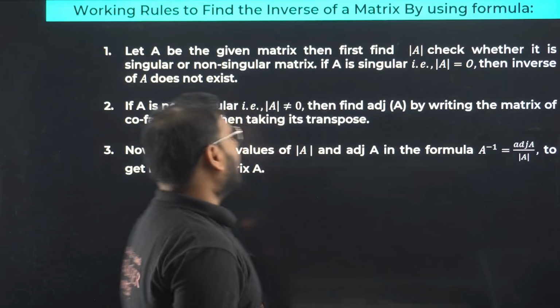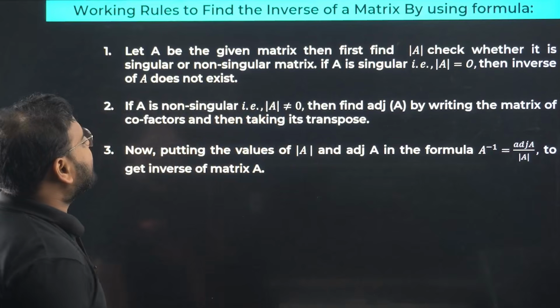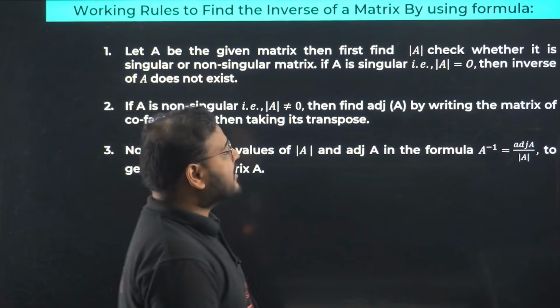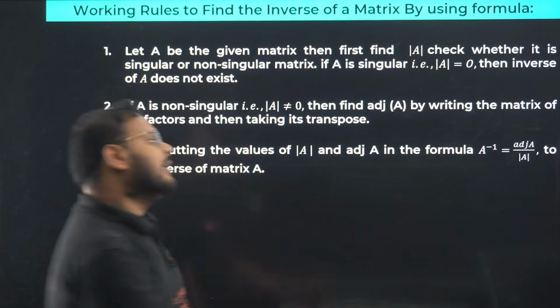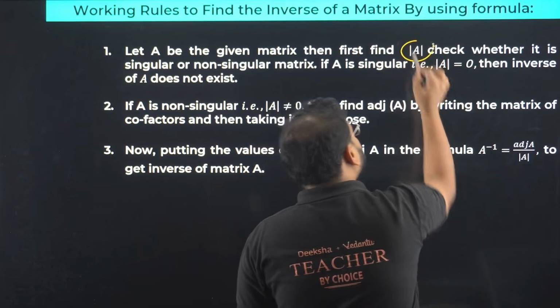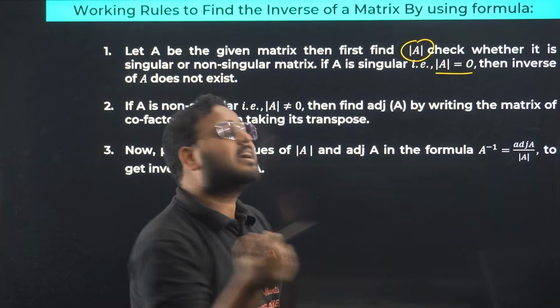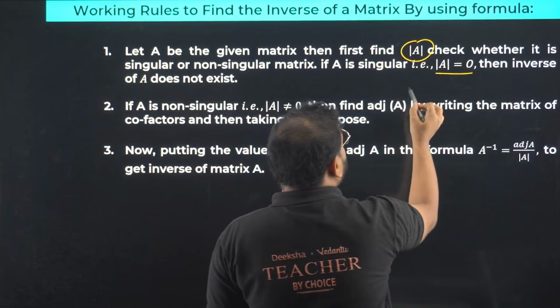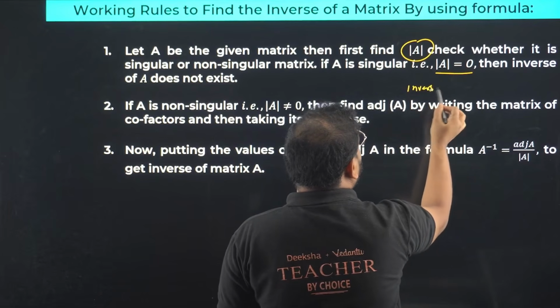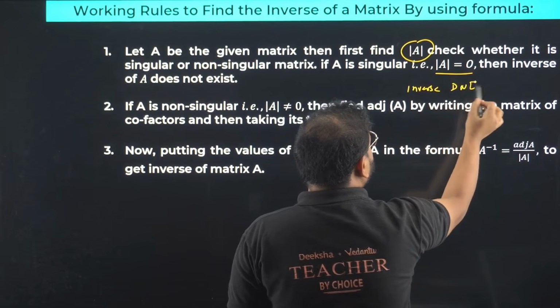Let A be the given matrix. First find the determinant of A and check whether it is 0 or not. If the determinant of A is 0, we can simply say that the inverse does not exist.